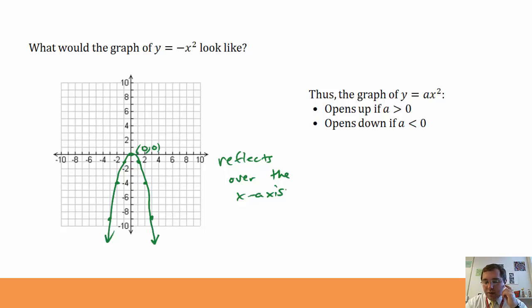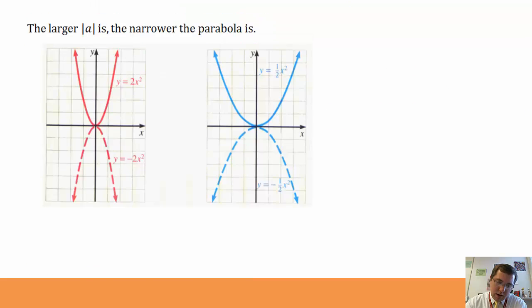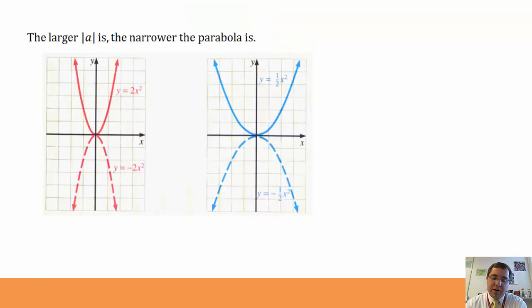So thus the graph of y equals ax squared, where a is any real number, opens up if a is positive, opens down if a is negative. Because by putting the negative there, it's going to reflect it over the x-axis. The larger the absolute value of that a is, the narrower the parabola is.